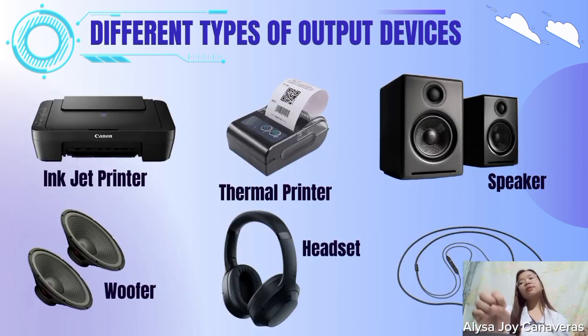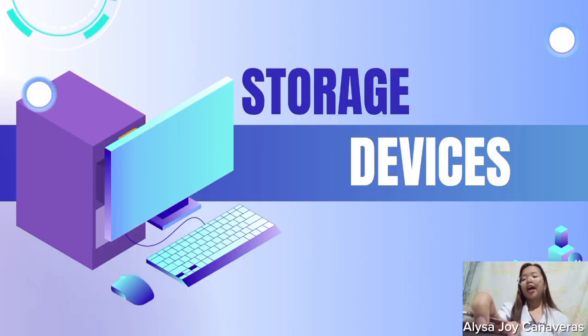Next are the inkjet printer, thermal printer, speakers, woofer, headset, and earphones. Those are examples of output devices because they help in showing or giving the results of information. Next, storage devices will be discussed by my group mate. And that's my part. Thank you for listening.